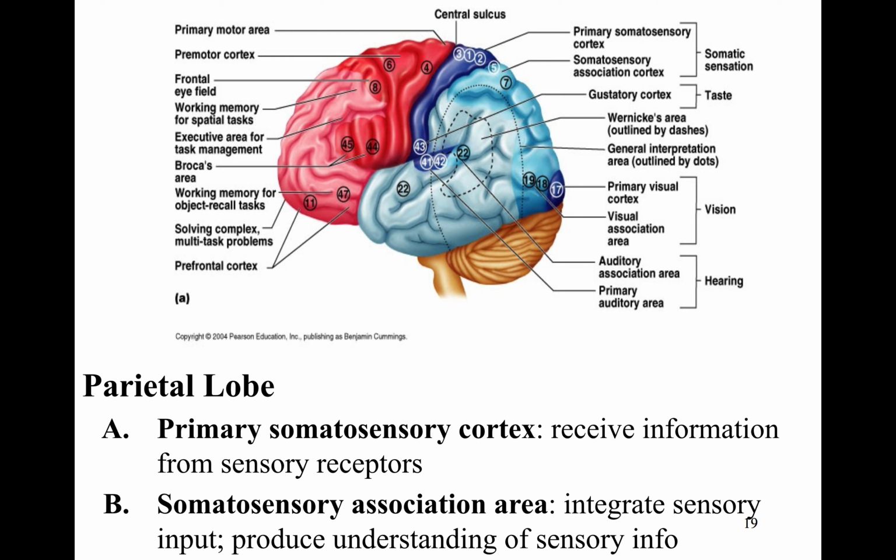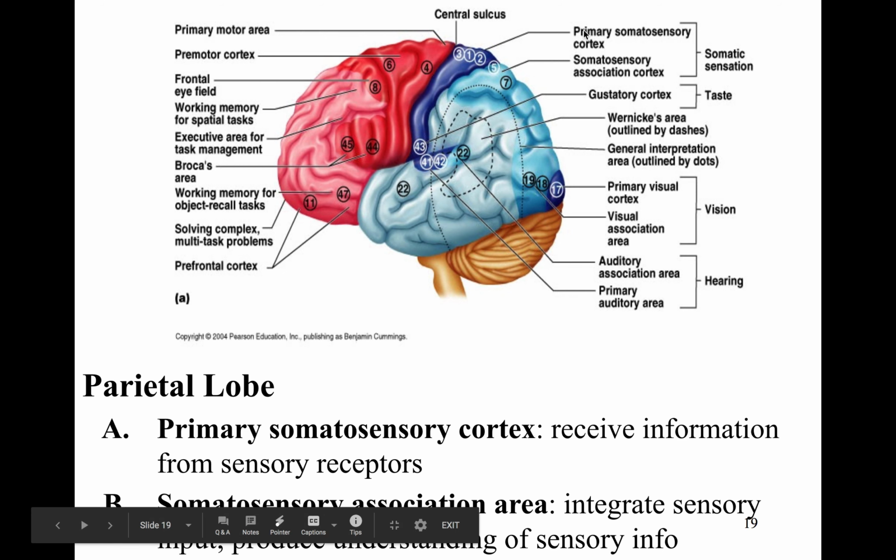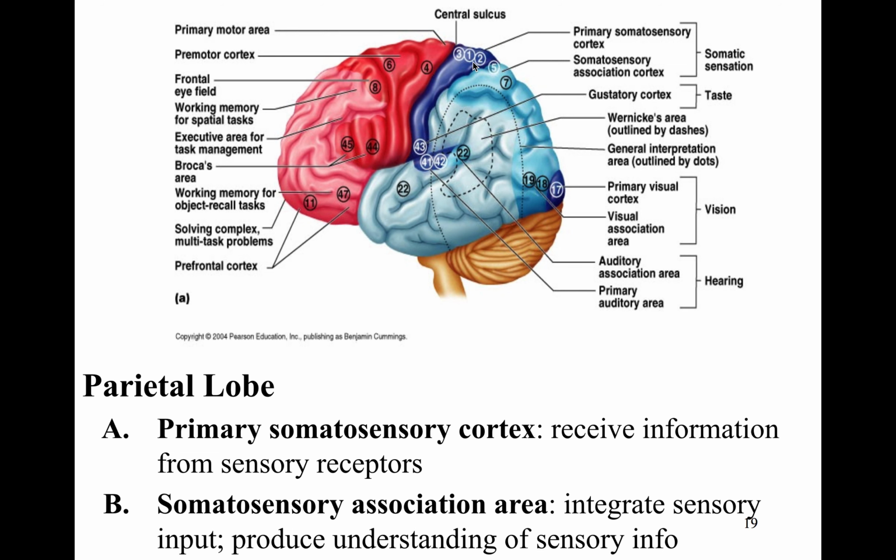On the parietal lobe, we have the primary somatosensory cortex. The primary somatosensory cortex, shown here, is going to receive information from sensory receptors.